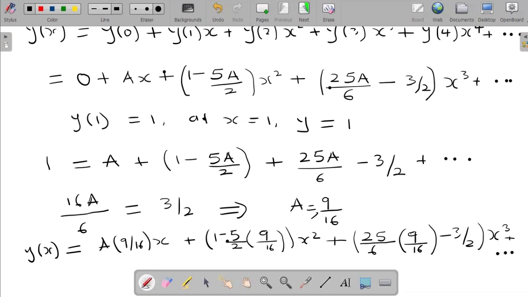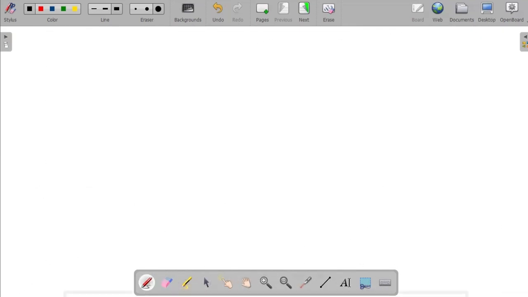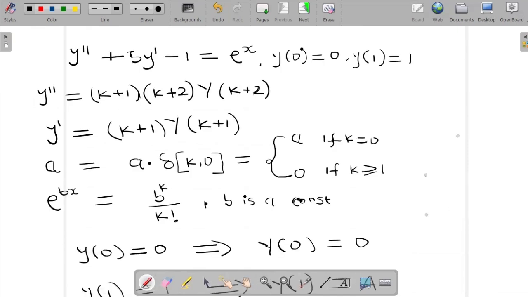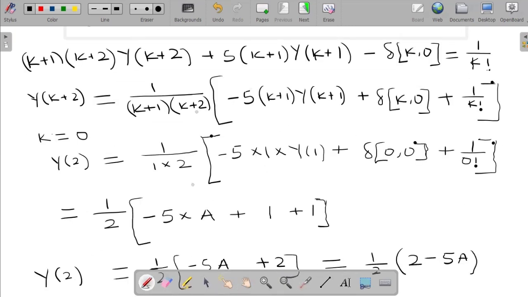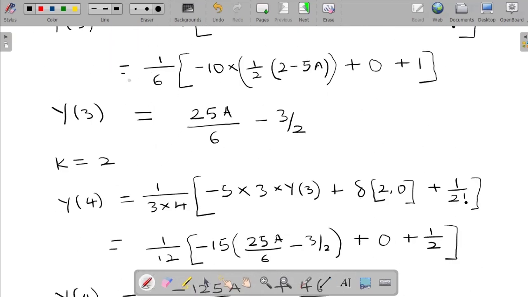So simplifying that will give us the series solution for the differential equation. So what we have learned today is how to solve a boundary value problem by differential transform technique. We started by transforming each of the terms in the boundary value problem and then substituting the values here. After that, we started solving by equating k to 0, 1, 2, and so on.